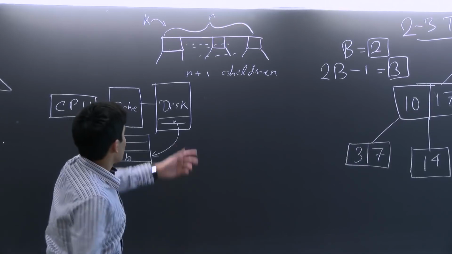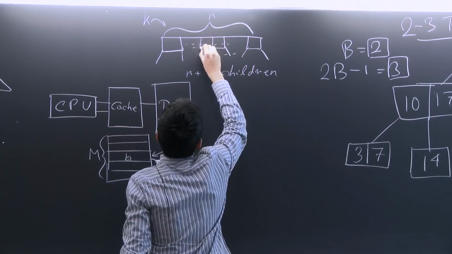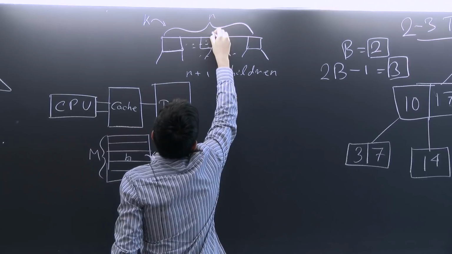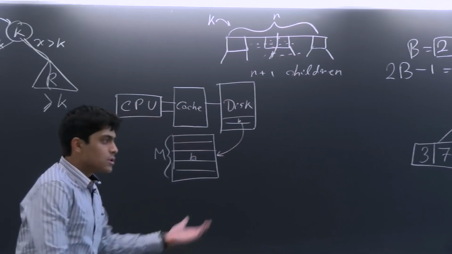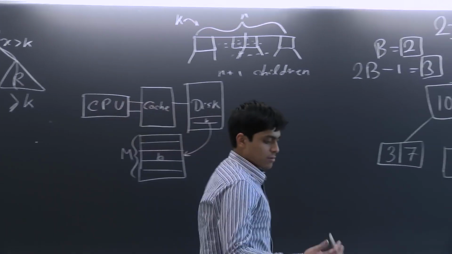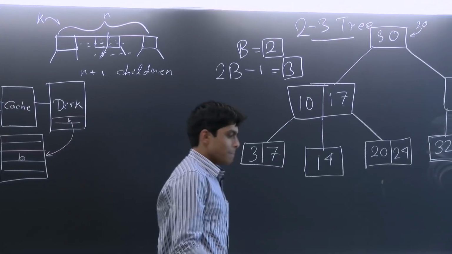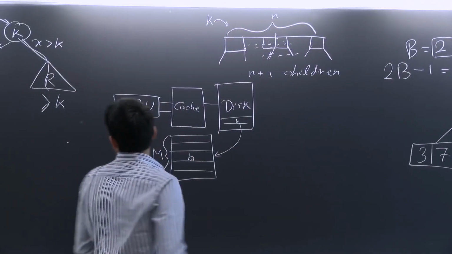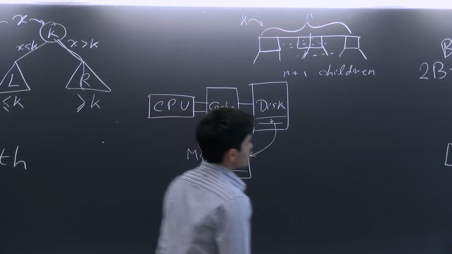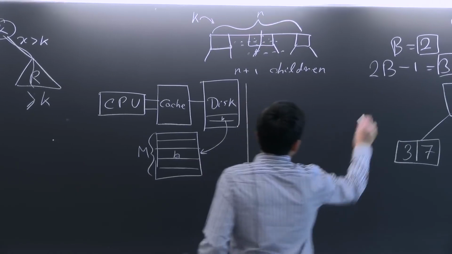You found it. Otherwise, let's say k fits in between these two keys, so you go down this child and continue. So searching is log n, similar to BSTs. Okay, searching is not very interesting.